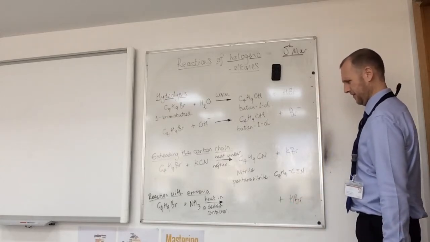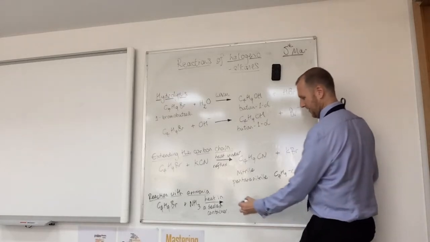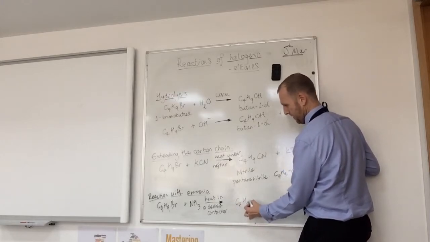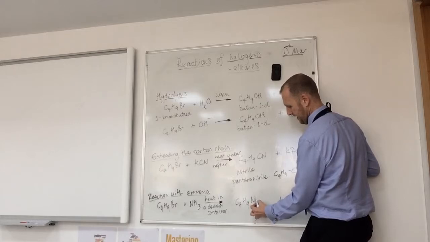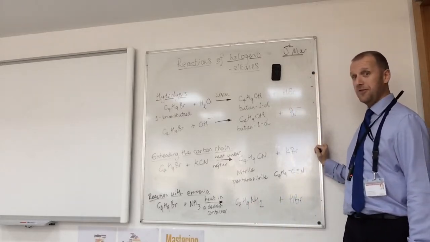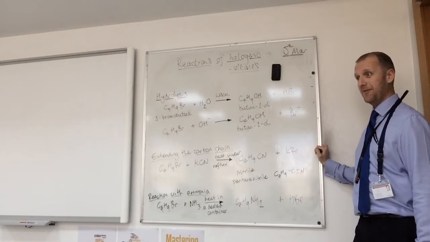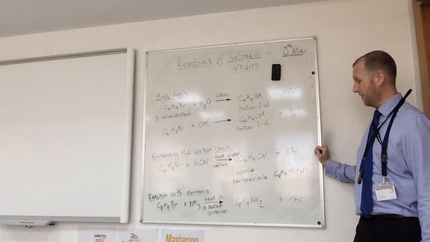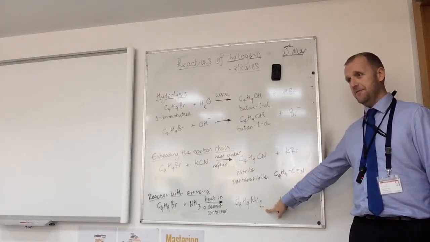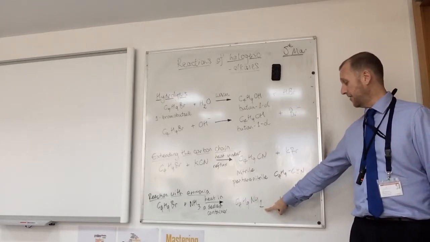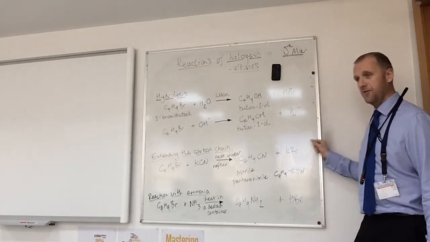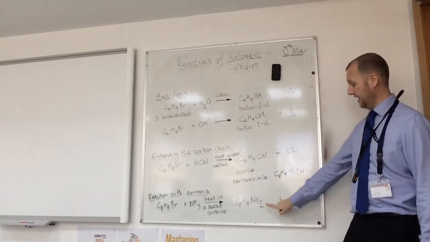Which leaves us a compound like this, C4H9NH2. Another new looking organic compound. We've not seen that group before, and we learn much more about this group in year 13 organic chemistry. All we really need to know now is what it's called. This is an amine.